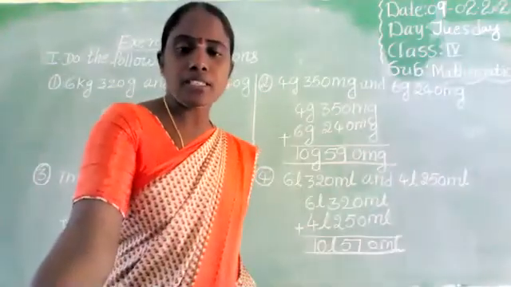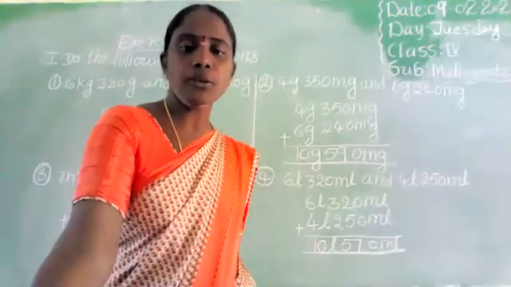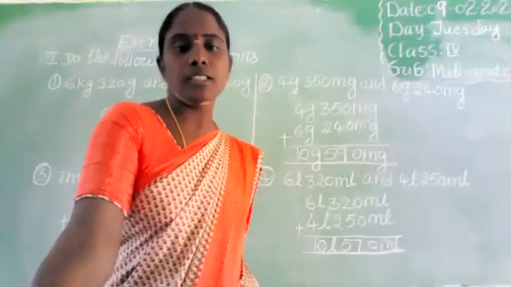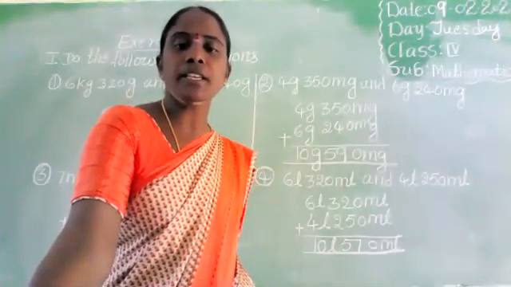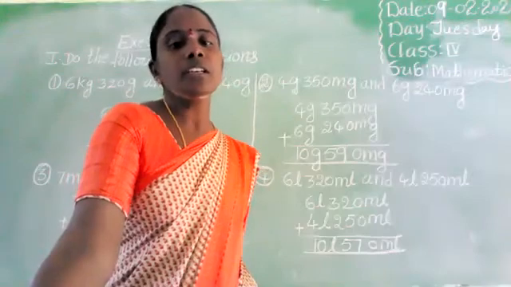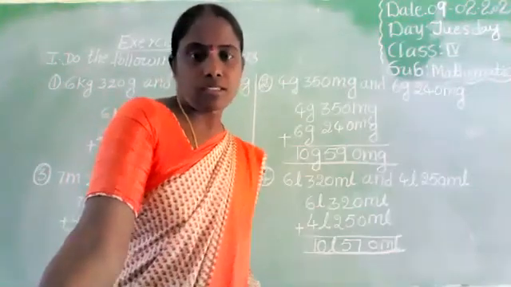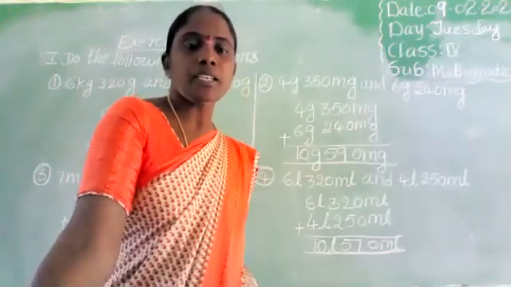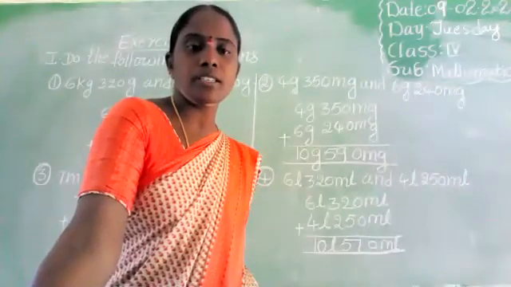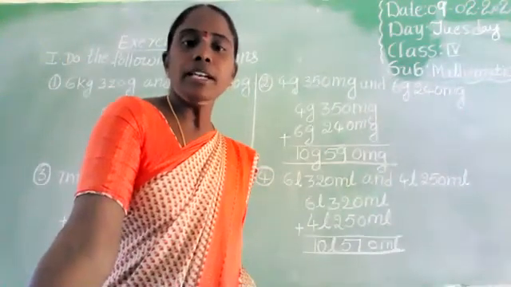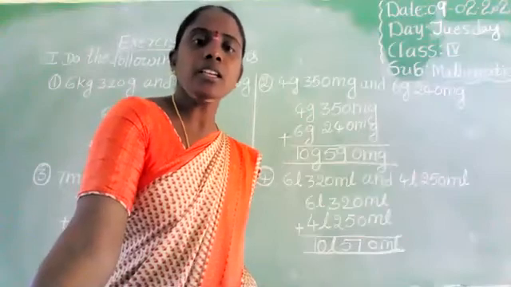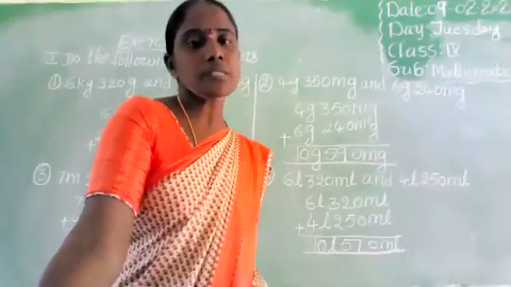Liters, milliliters and kiloliters are units of capacity, and kilograms, grams and milligrams are units of mass, that is weight. Meters, centimeters and kilometers are units of length. In these there are greater units and smaller units.